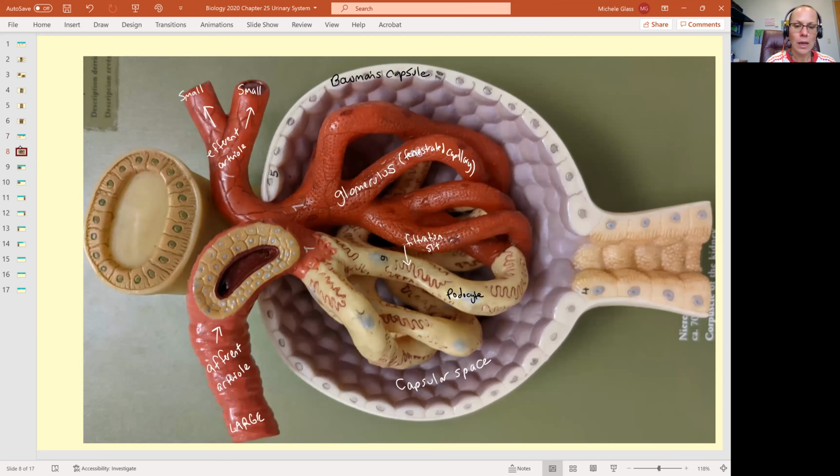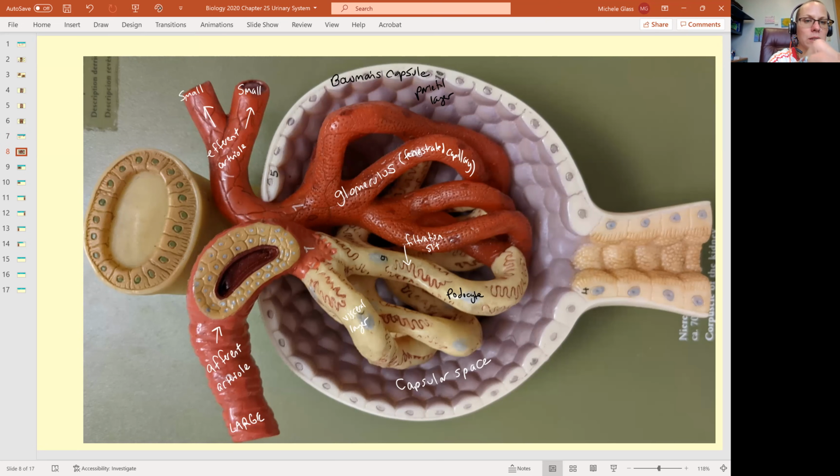Water. Taking a look back at this particular image, here we're seeing the Bowman's capsule, the outer layer, that parietal layer here. You can tell that that's the simple squamous epithelium. And then we have here our visceral layer, which is composed of those podocytes.